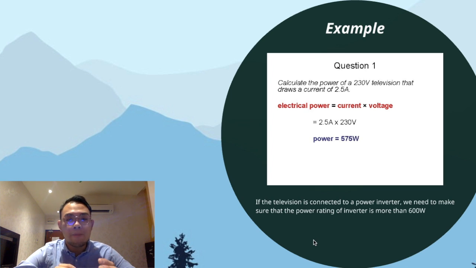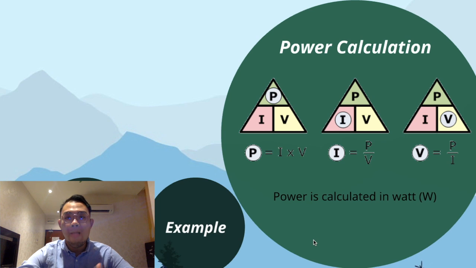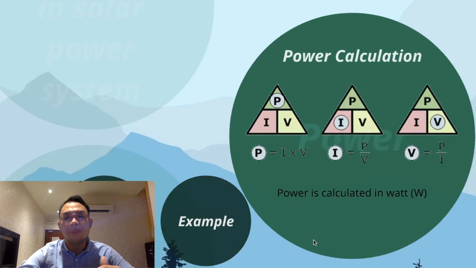We need to expect more power than that in order to protect our circuits. So here I put more than 600 watt in order to protect the inverter. And that is basically the power calculations.